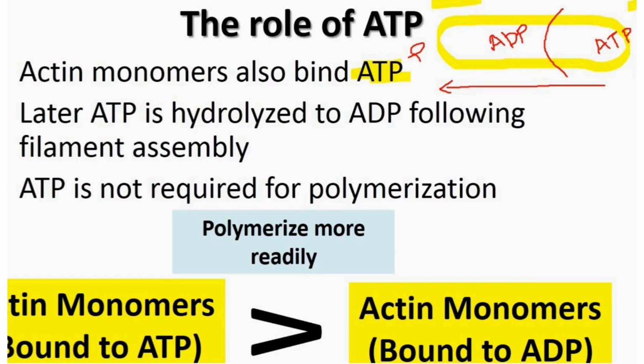But when it comes to depolymerization, the ADP bound monomers are more susceptible to depolymerization as compared to the ATP bound monomers. So, this has to be kept in mind.